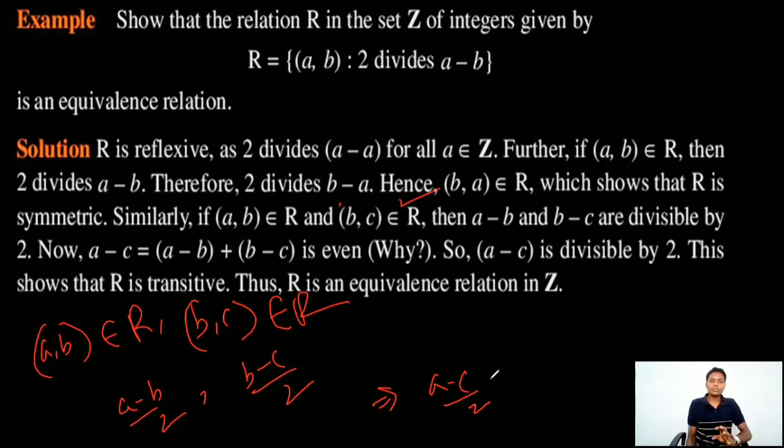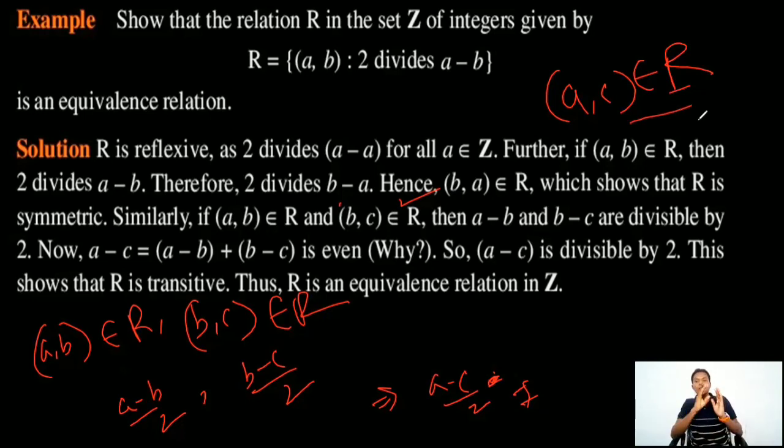So we can say a comma c belongs to R. So R is a transitive relation. As R is a reflexive relation, symmetric relation, as well as transitive relation, we can say R is an equivalence relation. Now coming to another example.